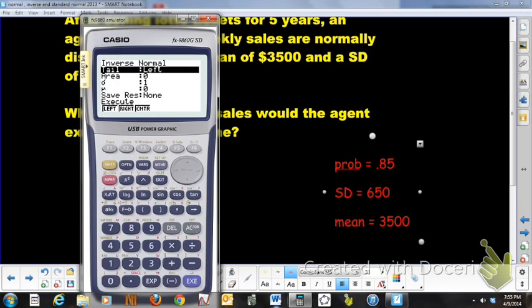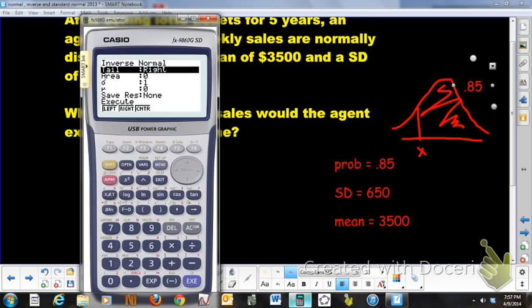Left, right, we can change it to right, or we can say center. If the area that they give you, the probability, is to the right, then you have to put to the right on this thing. Okay?